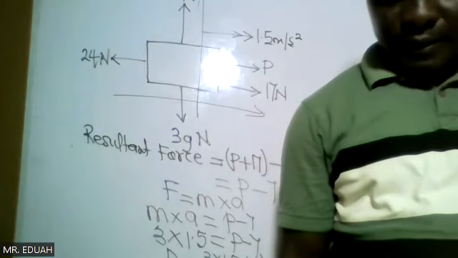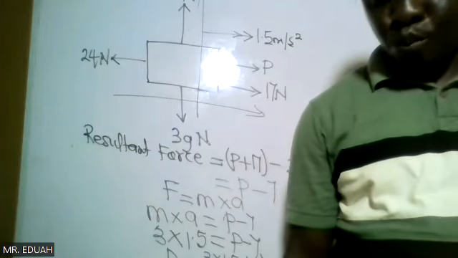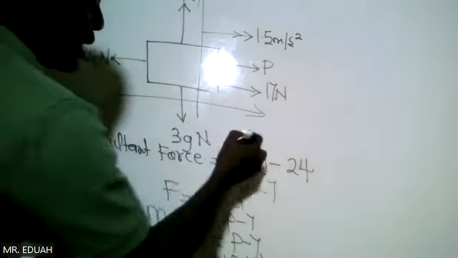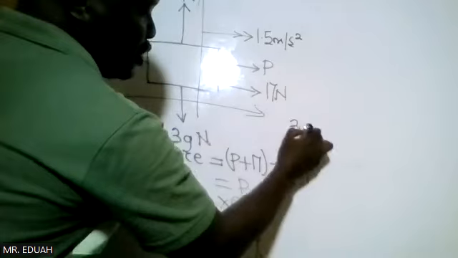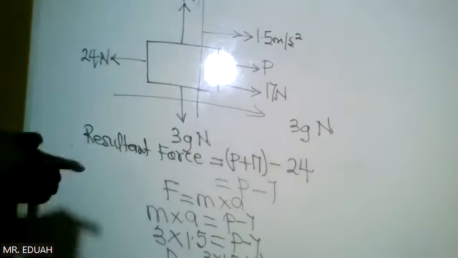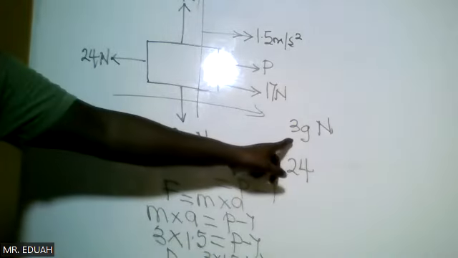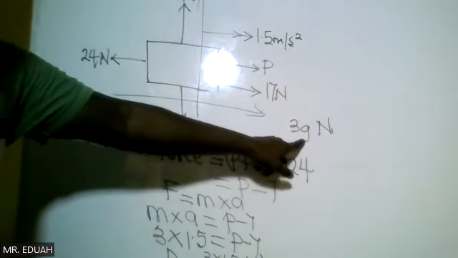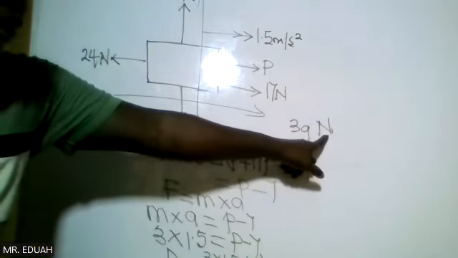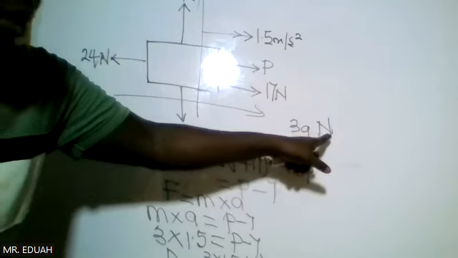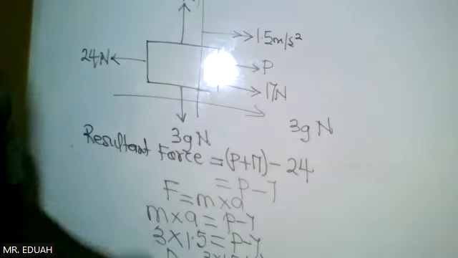Mr. Dia, please, the 3 grams, why didn't you change it into kilograms? Mami Araba, look at it. This is 3J Newton. The J is just gravity. It does not mean this is gram. Once there's Newton, it means it's 3J Newton, where J is for gravity.